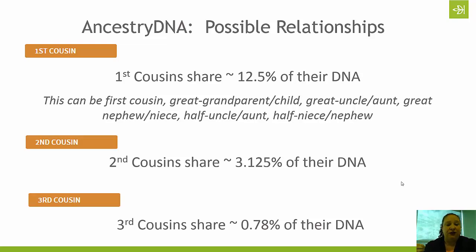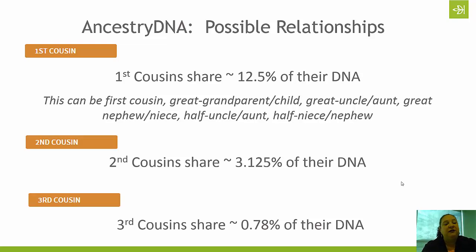A great niece or nephew, which means one of your full siblings' grandchildren. A half uncle or aunt, so your parent has a half sibling, that person would be your half aunt or uncle. Half niece or nephew would be if you have a half sibling, and that person's child would be your half niece or nephew.